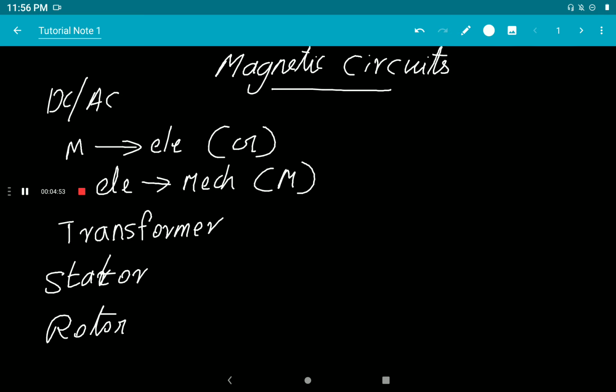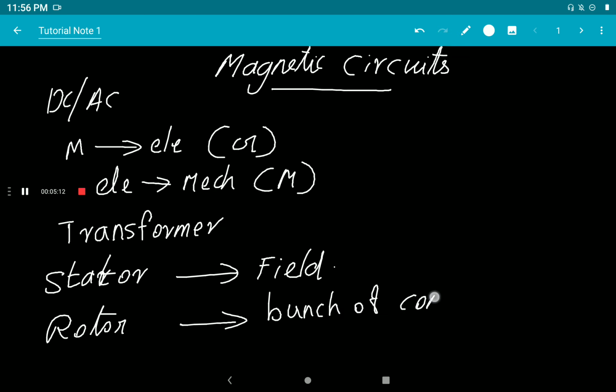One of these will carry field windings or magnetic field, and the other portion will carry a bunch of conductors. So either stator or rotor will carry the magnetic field and the other a conductor.